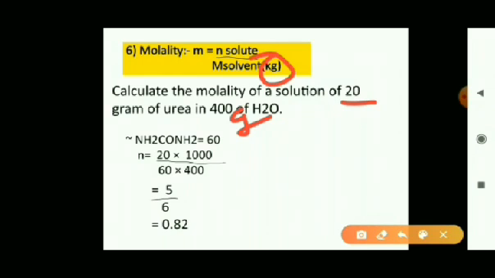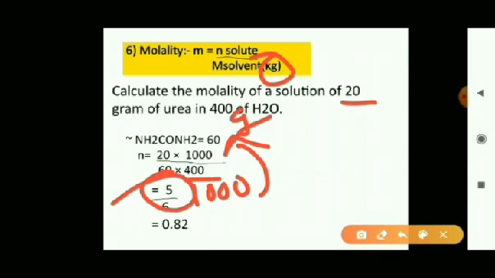When this denominator goes up, it gets multiplied by this number. So when you do the cancellations, you will get 5 by 6, which is about 0.82.